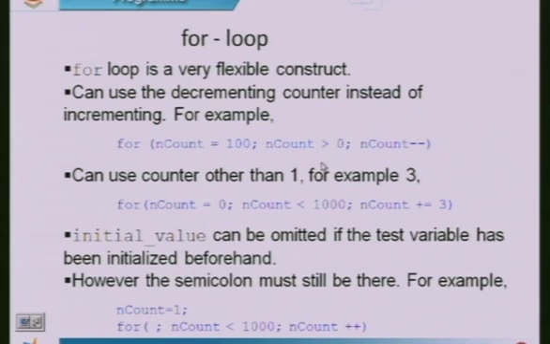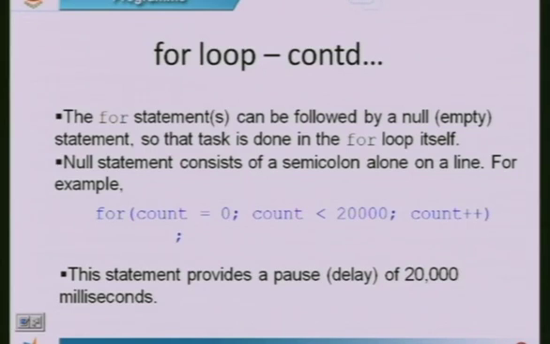This is one way of going downward, or you can also use upward, count initialized to 0 until this condition, incrementing the value. That depends on your situation, any situation can be handled by incrementing or decrementing the variables. So this is an interesting for loop available in programming.